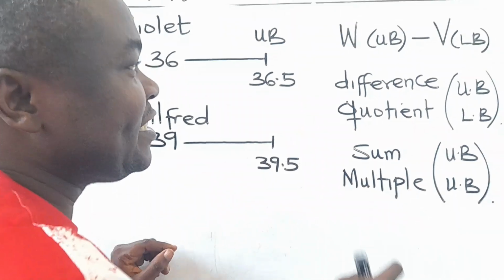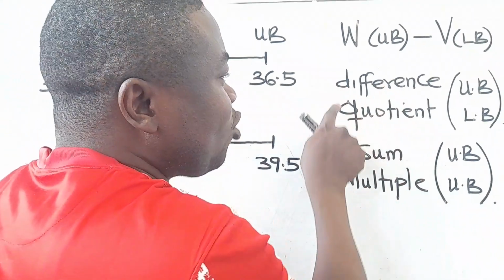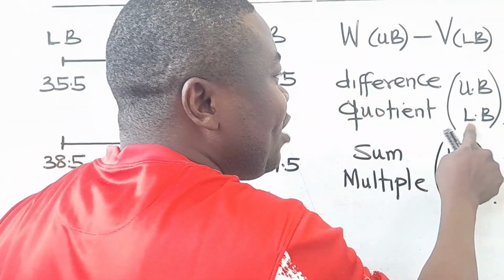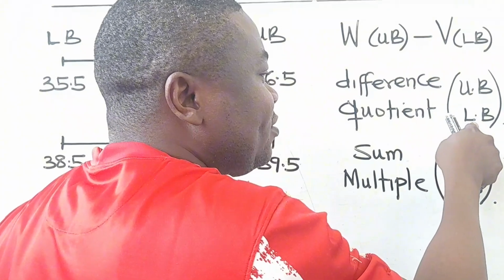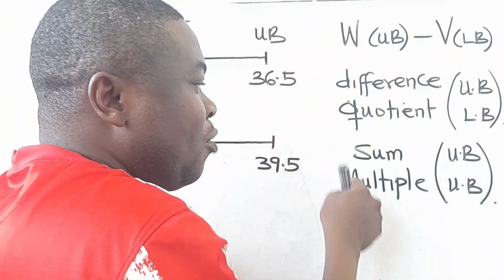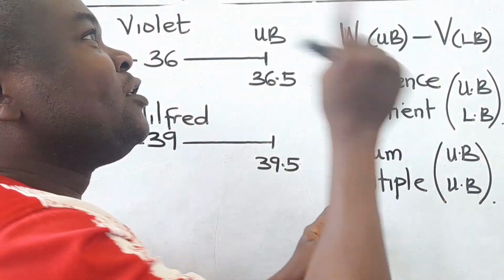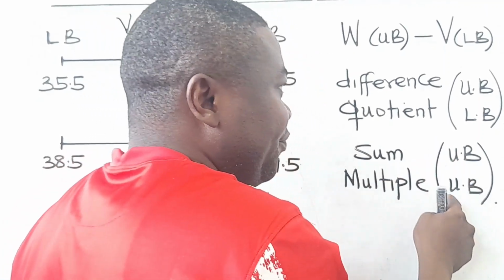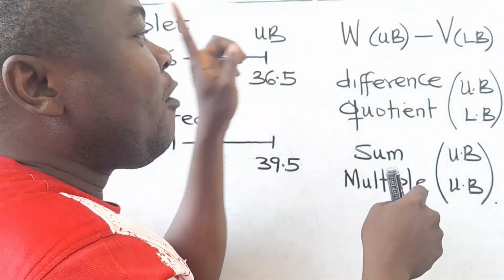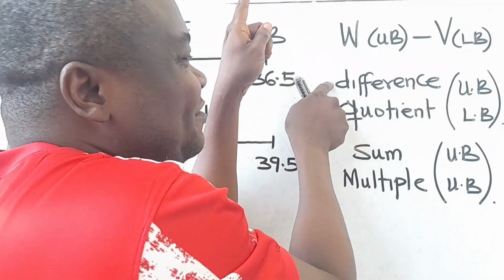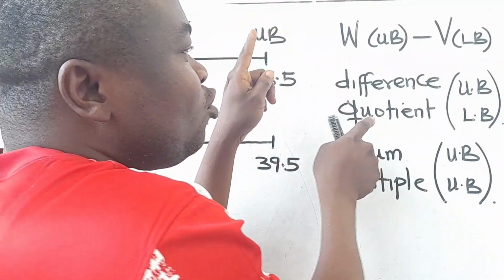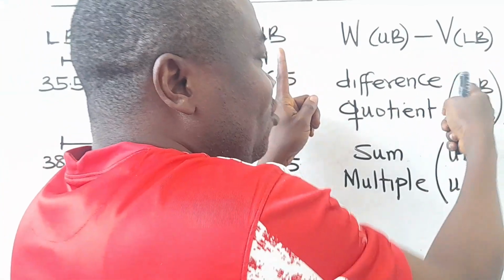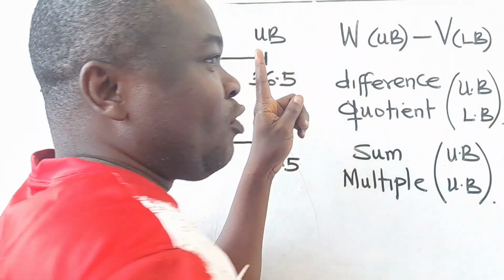The difference is this. When it is difference or quotient, the last bound you are going to take is the lower bound. But for sum or multiple, if they're looking for the upper bound, you are going to use the upper bound of both of them. For the upper bound of the difference, you use the upper bound of the first value and the lower bound of the second value.